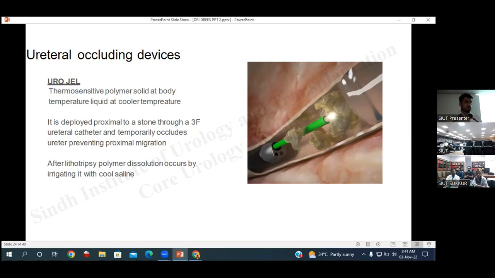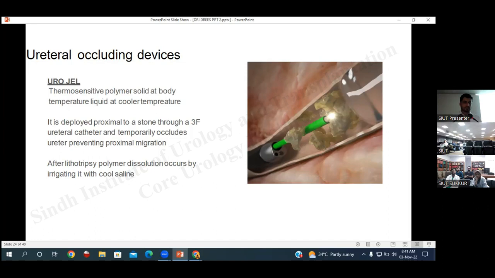So whether you are in Sakkar or in Karachi, there is one more thing that you can do, and that is this jelly, which you are using for many purposes. If you inject a little bit of jelly, that would form a kind of bubble around the stone, and the stone would be hanging within the bubble.